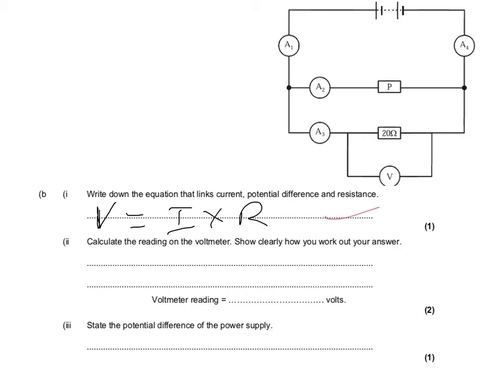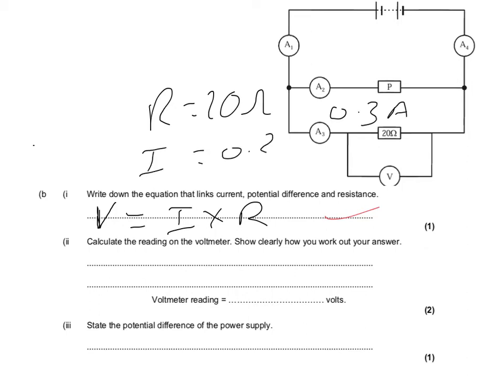The next part is for saying calculate a reading on the voltmeter, show clearly how you worked out your answer. So here you have your voltmeter, which is across the 20 ohm resistor. So for that voltmeter we've got R equals 20 ohms. We also had, from a previous slide, 0.3 amps going through A3, so I equals 0.3.